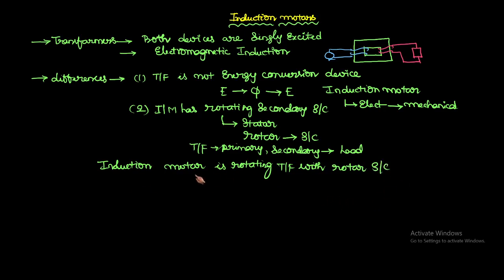Those are the major differences between the transformer and the induction motor. The induction motor takes electrical energy as the input and gives mechanical energy as the output, because it is a type of motor.